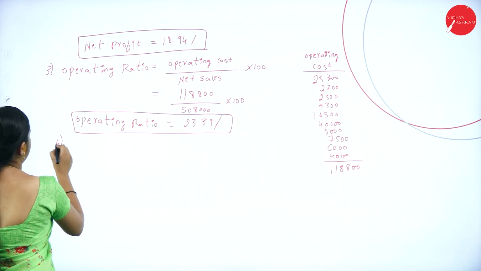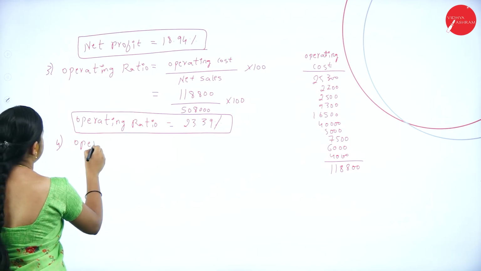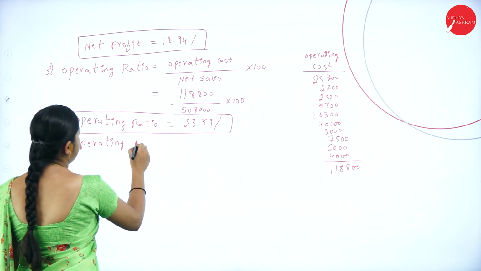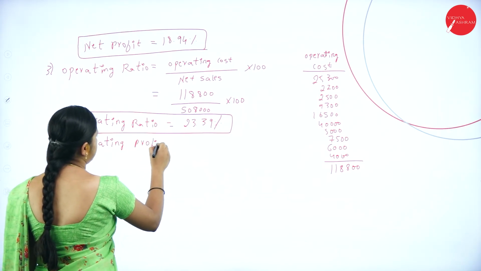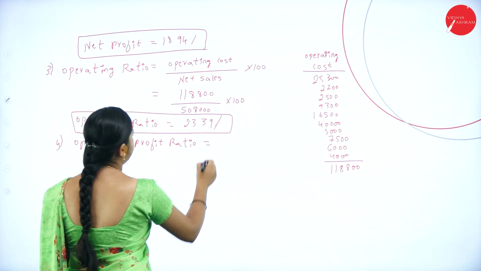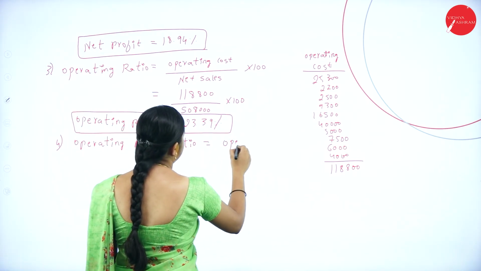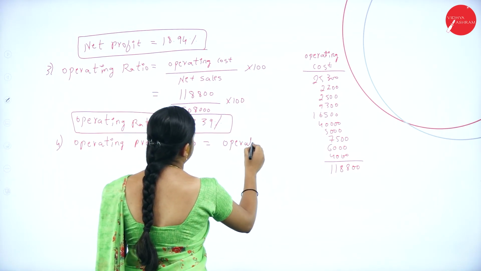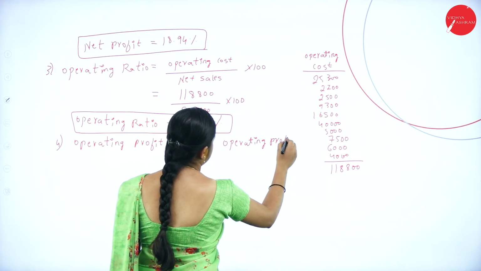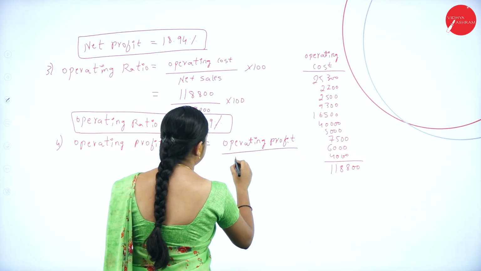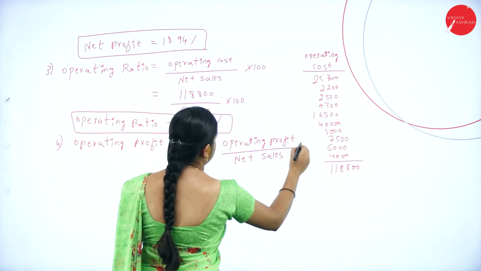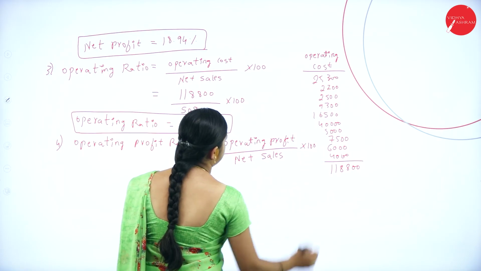Next, operating profit ratio. Operating profit ratio is equal to operating profit divided by net sales into 100.